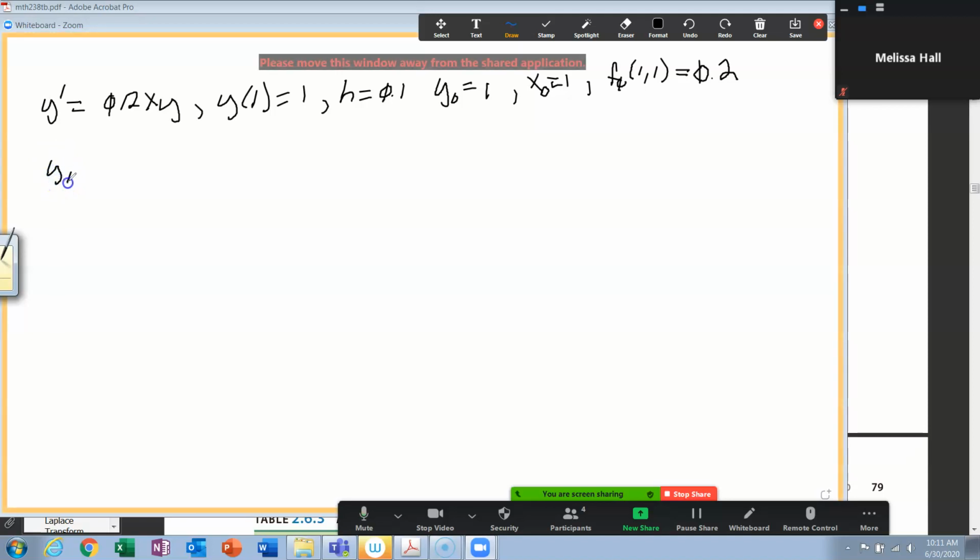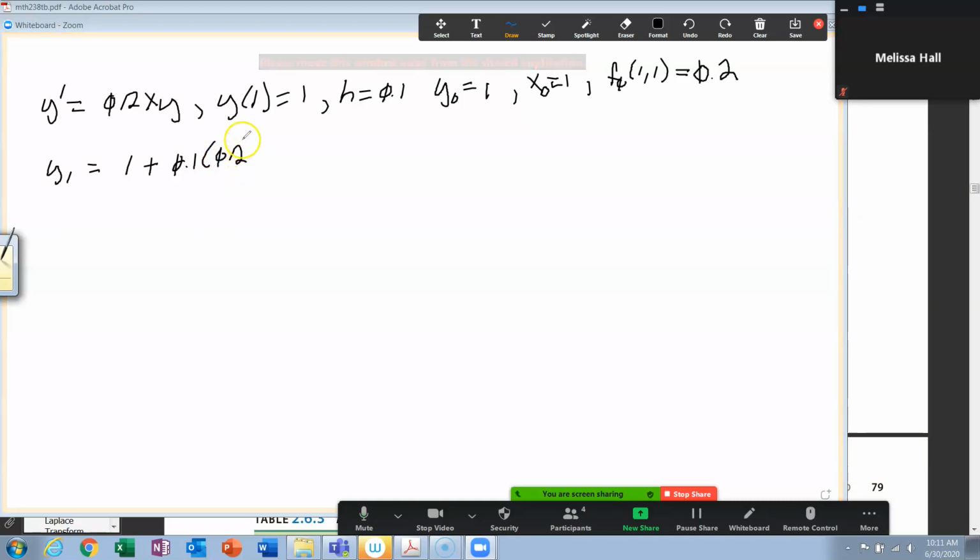y sub 1 is equal to y sub 0, which is 1, plus your h, which is 0.1, times f sub 0 of 1, 1, which is 0.2.